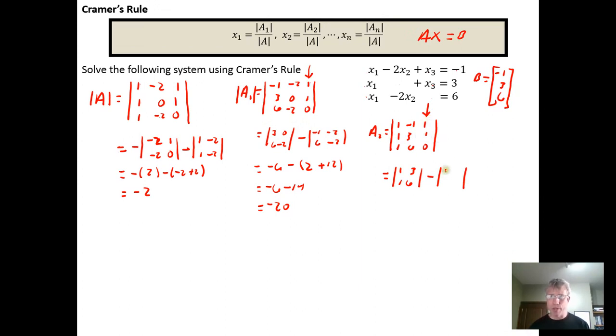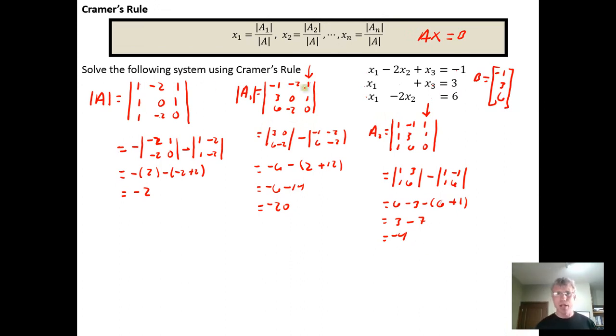So if we do that, we'll be left with 1, negative 1, and a 1, 6. 1 times 6 minus 3 times 1, minus parentheses 1 times 6 minus negative 1 times 1, is going to give us a plus 1 there. So we get 6 minus 3 is 3, minus 6 plus 1 is 7. So we get a negative 4 from there.